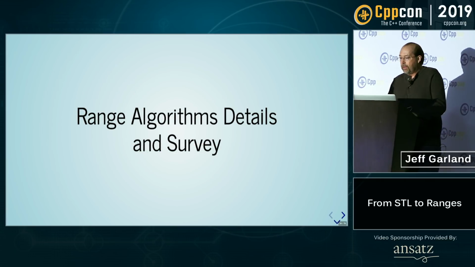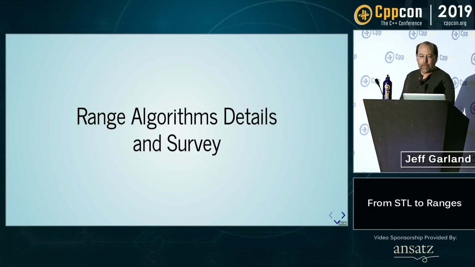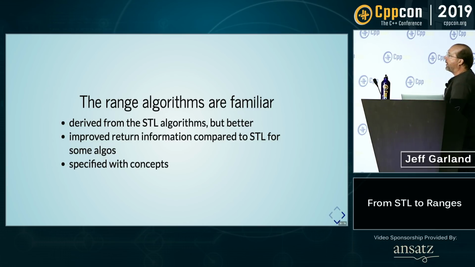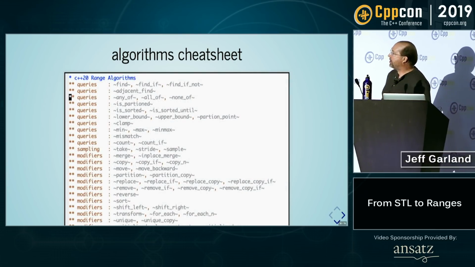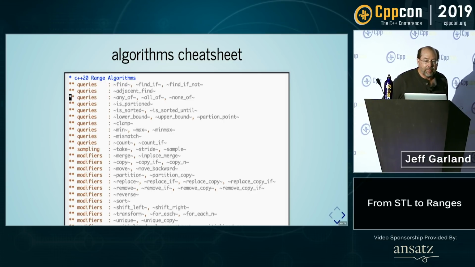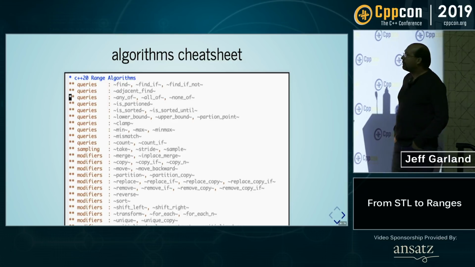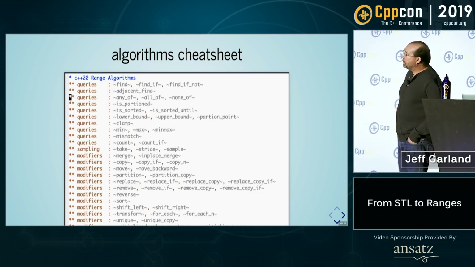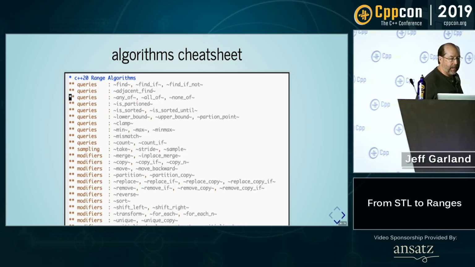Okay, so let's talk a little bit more in detail. We've already said that some of them are better. So there's the rough cheat sheet. It's a lot of algorithms, but it's not all of the algorithms that you have today in the STL.